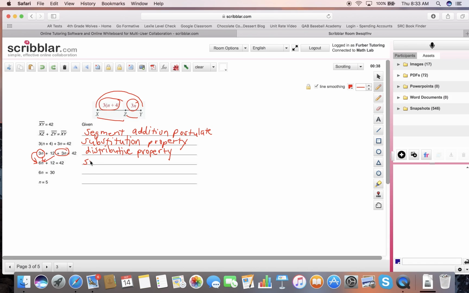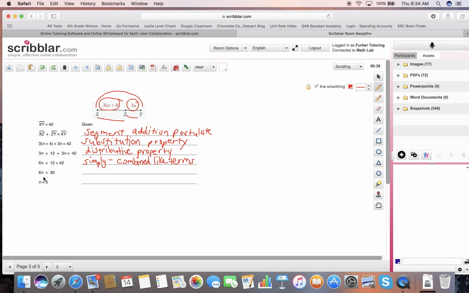That's not really a property, that's just called simplifying. And how did I simplify? I'm just going to put that I combined like terms. That's my justification. That's how I got 6n. I simplified by combining like terms.